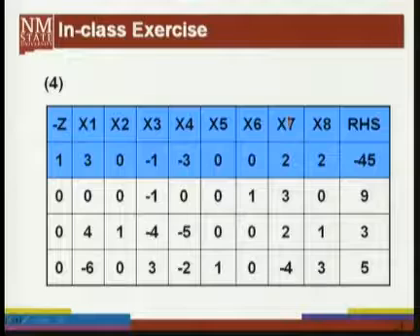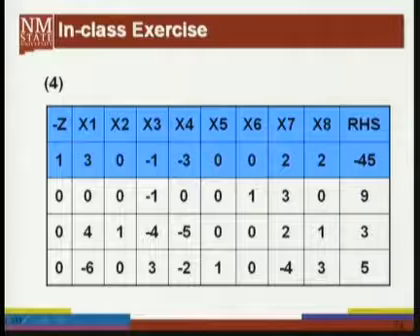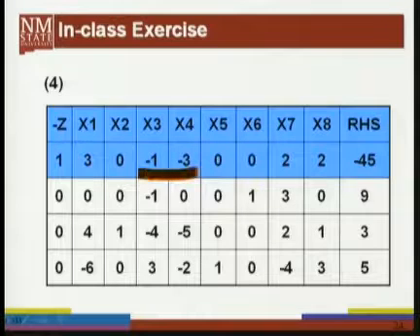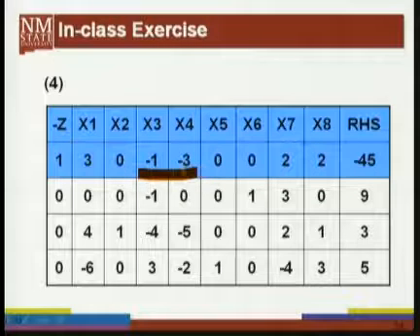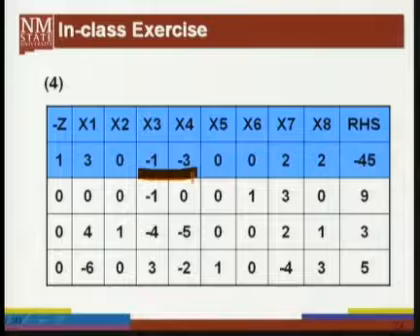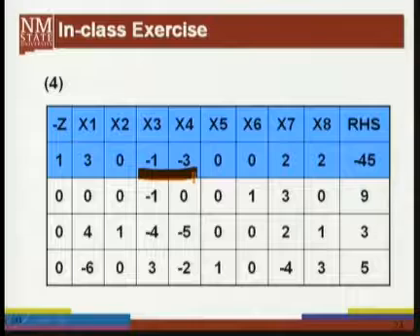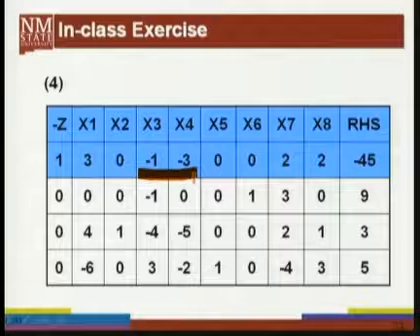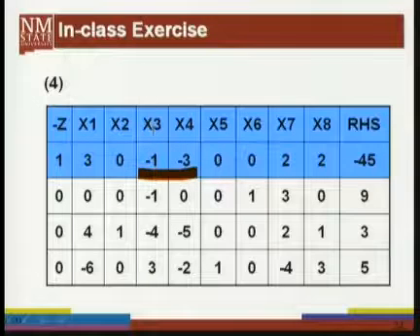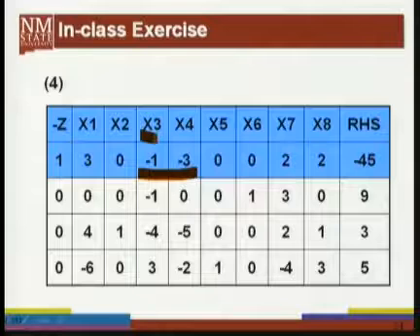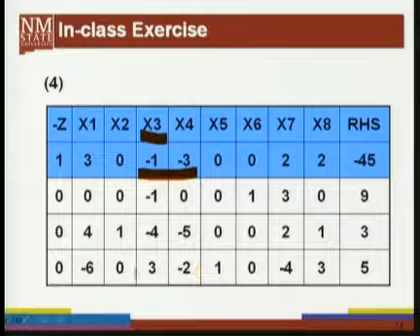What about case 4? Is this an optimal Tableau? No. We have two negative reduced costs, so either the x3 or x4 variable should be selected to enter the basis. If the x3 variable is selected as the pivot column, then we are able to perform the minimum ratio test.